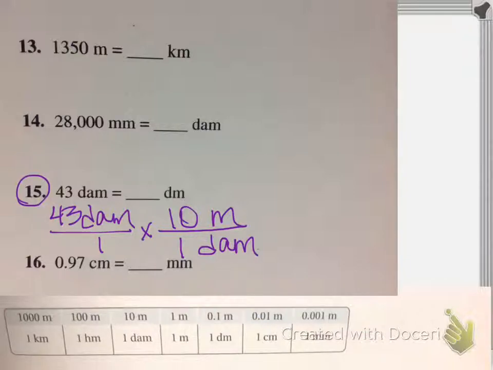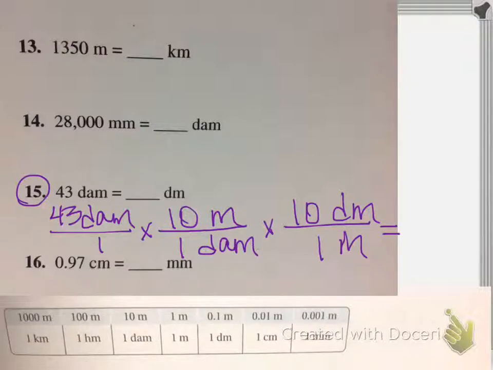And now let's do a conversion factor that takes it from meters to decimeters. And I know that there are 10 decimeters in 1 meter. So now let's do the math. Multiply straight across.